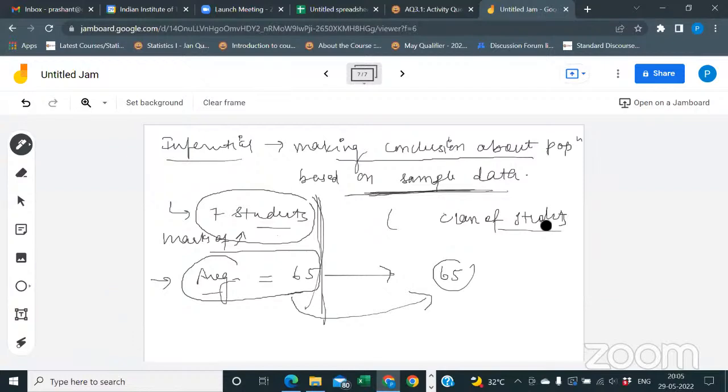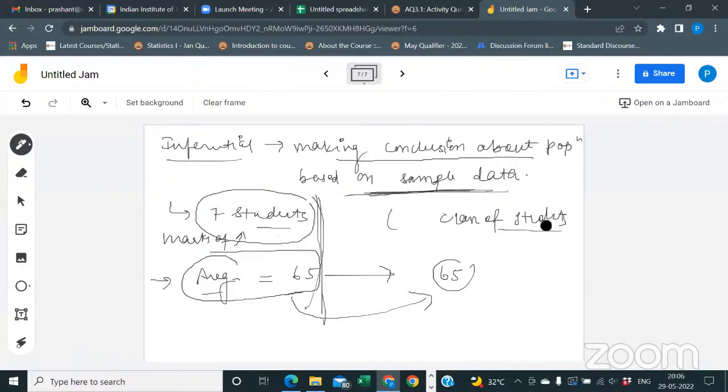Now I took the sample of 20,000 students, right? You calculate the pass percentage of those 20,000 students, and you got 60% of students passing the class 12th exam.